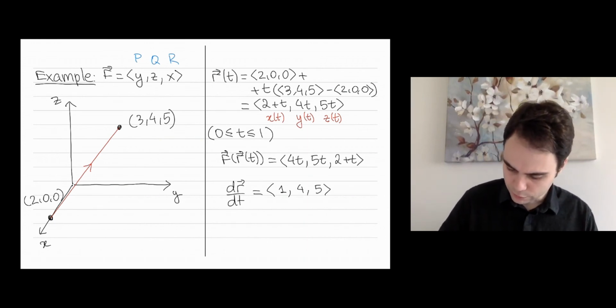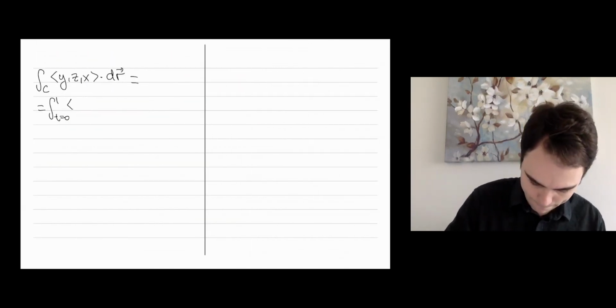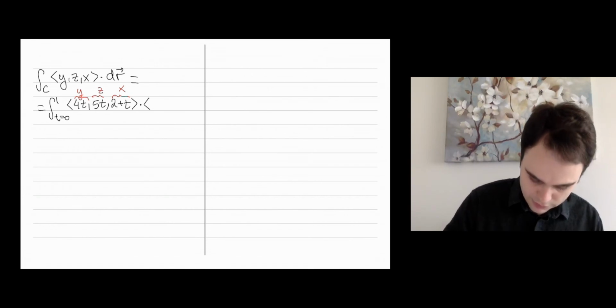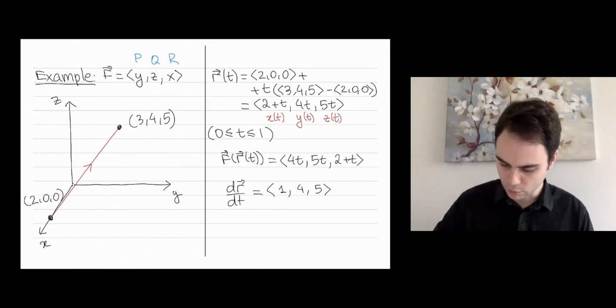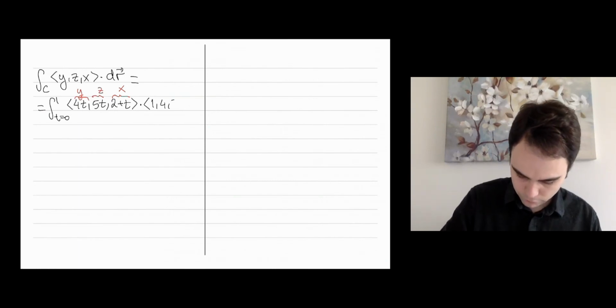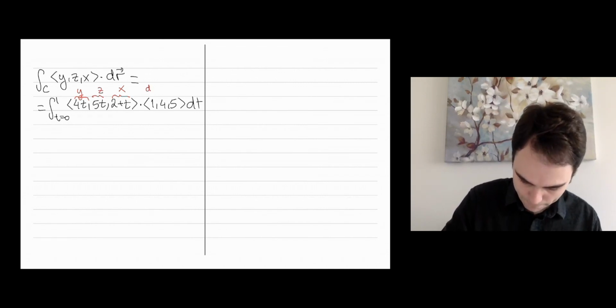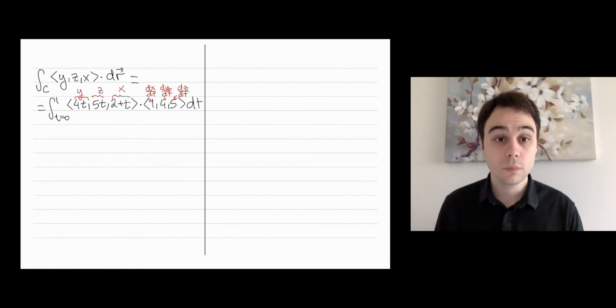So we're doing the integral of 4t, 5t, 2 plus t, where this is y, this is z, and this is x, multiplied by 1, 4, 5, which are dx dt, dy dt, and dz dt.